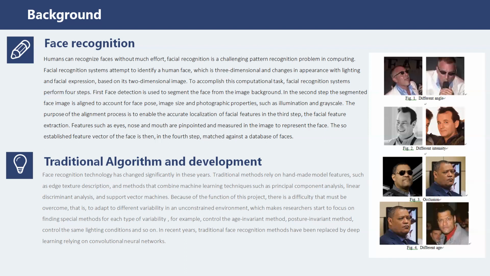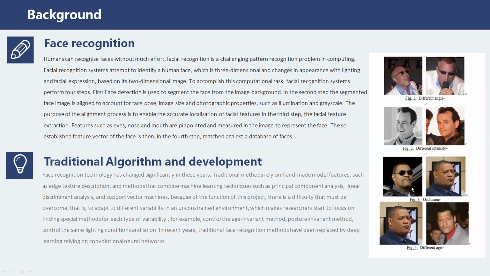The most famous problems are here. Look at the pictures right here. The first one is where the man is at a different angle. This is the side face. Here is the front face, and also different intensity or illumination. Like this one is grayscale, and this one is an RGB image.